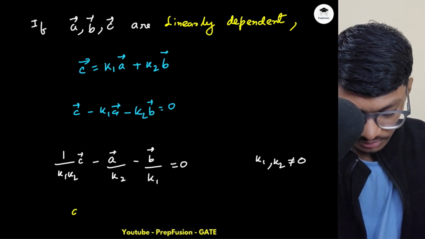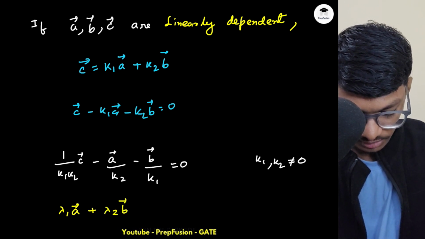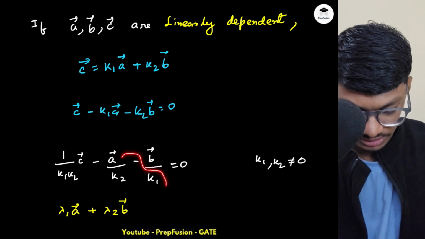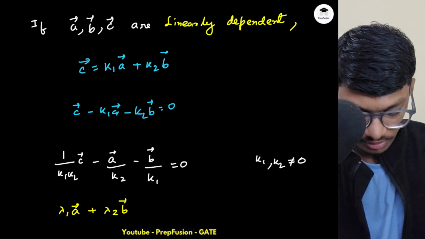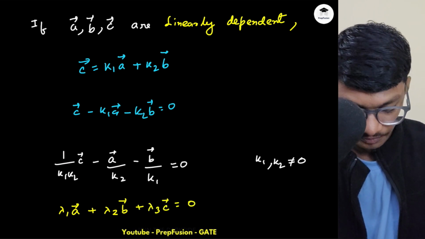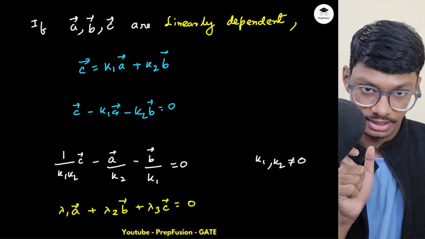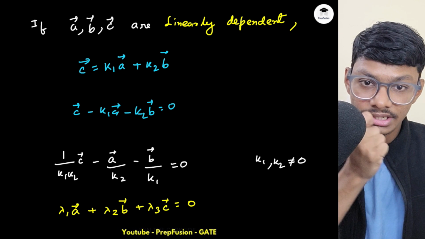So what I can write is lambda 1 a plus lambda 2 b vector. Lambda 1, lambda 2 are just these scalar constants, right? So I can replace them with lambda 1, lambda 2 and lambda 3: lambda 3 c equals 0. So this is the main relationship for three vectors to be linearly dependent with each other.